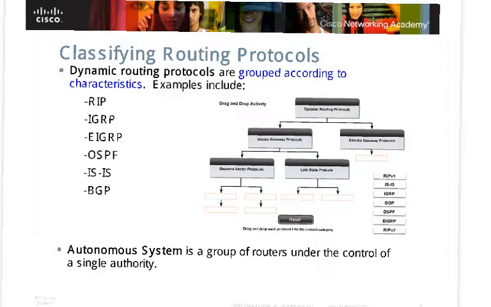In another autonomous system, you can use a different one. Actually, inside one autonomous system, you can use one or more interior routing protocols, which could be different from the routing protocols used in any other autonomous system. And then you have one exterior gateway protocol, like border gateway protocol, that can be used to exchange information from one autonomous system to another.